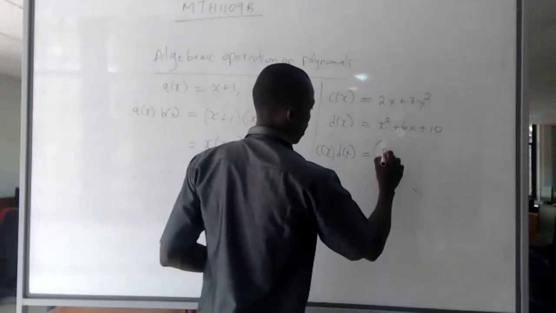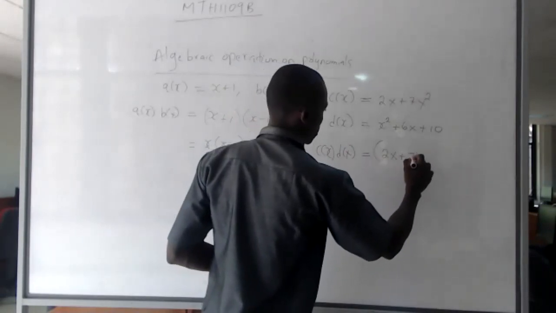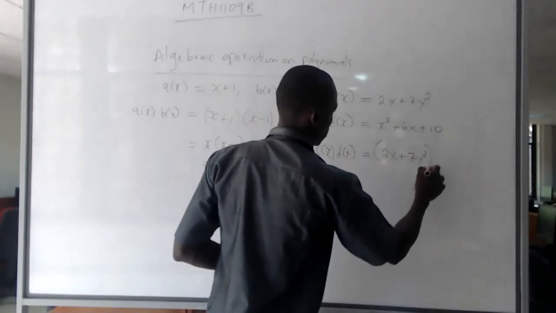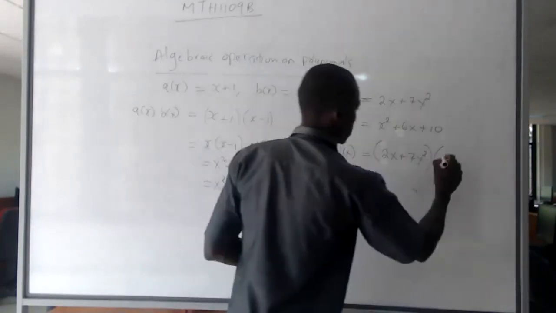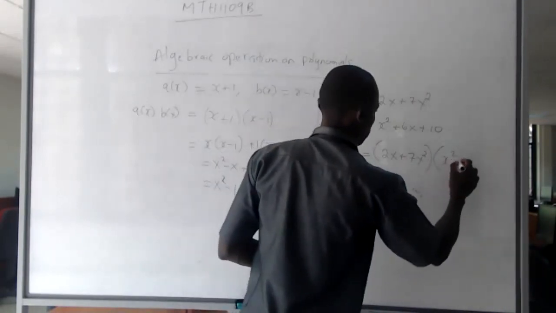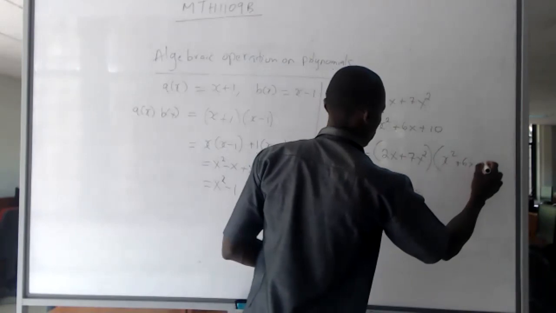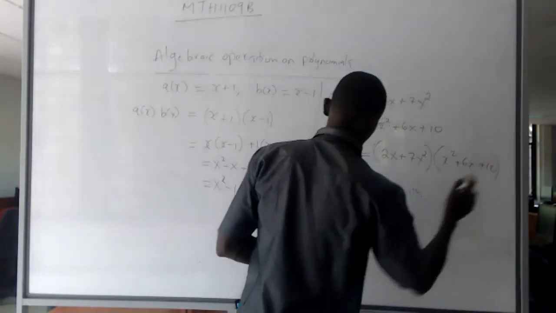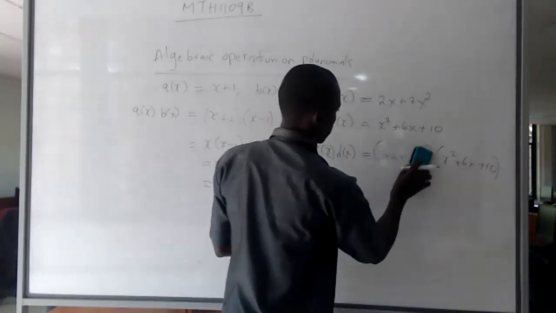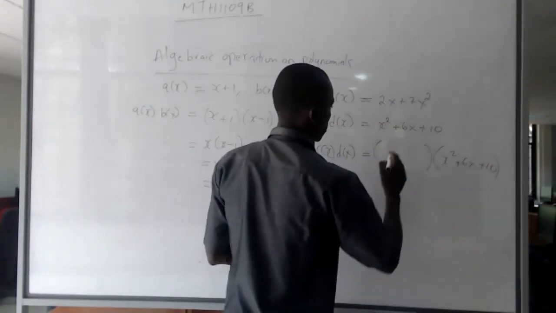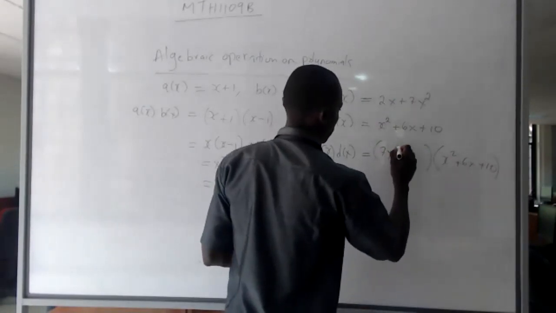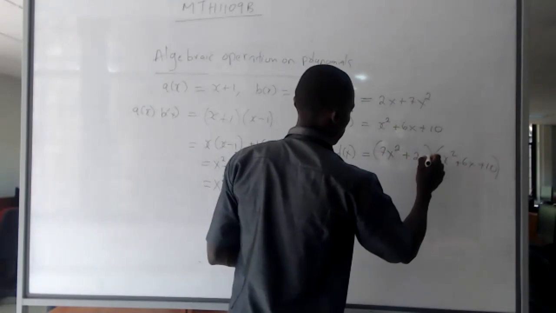Well, just write c(x) is 2x plus 7, and then d(x) is x squared plus 6x plus 10. Allow me to rearrange c(x) so that the highest exponent comes first: 7x squared plus 2x.